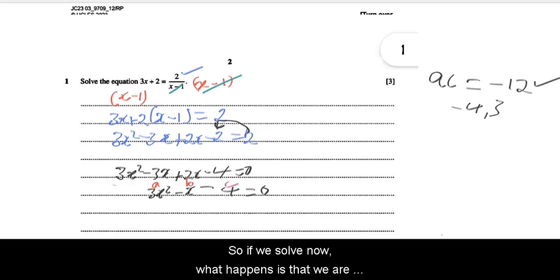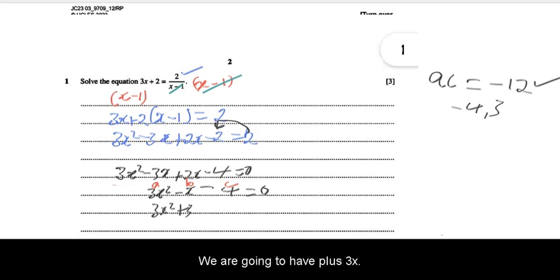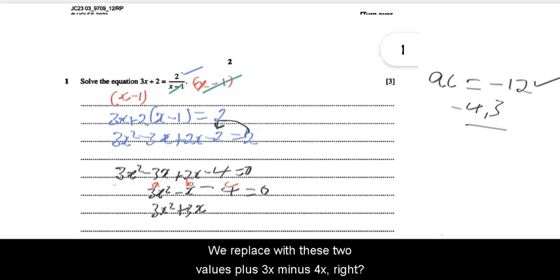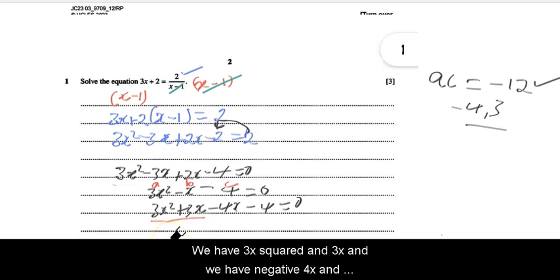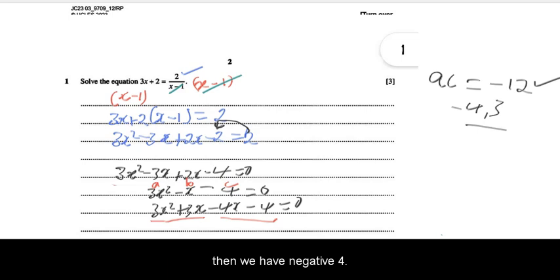So if we solve now, we are going to have 3x squared. Instead of negative x, we are going to have plus 3x minus 4x, then minus 4, equal to 0. At this point, you can group it. We have 3x squared and 3x, and we have negative 4x and negative 4.